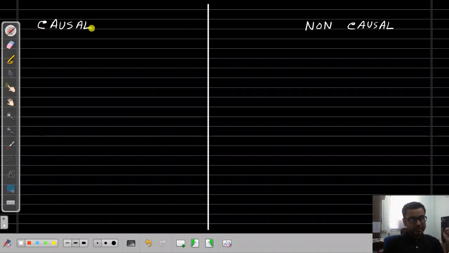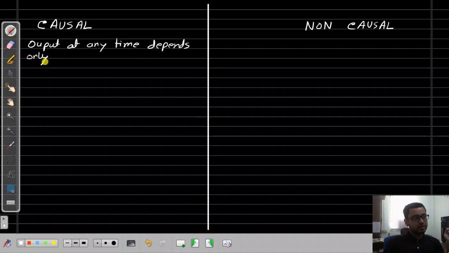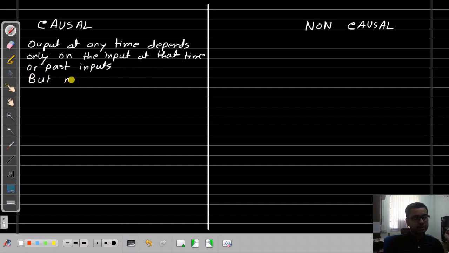In case of a causal system, the output at any time depends only on the input at that particular time or past or previous inputs, but never depends on future input.